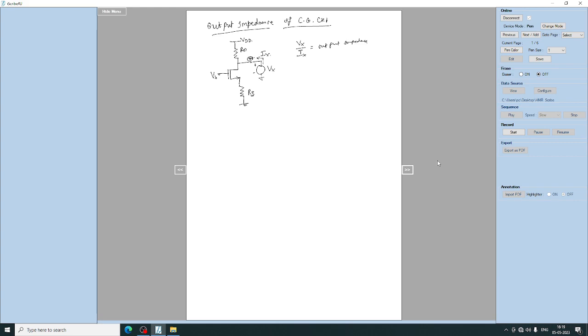In the previous class we discussed the common source amplifier with the source degeneration circuit. I hope you remember.